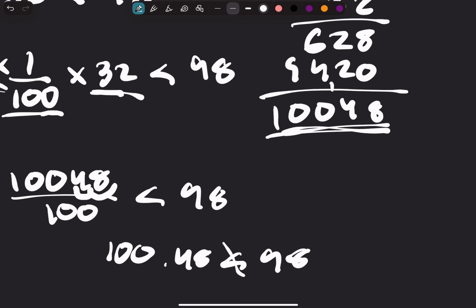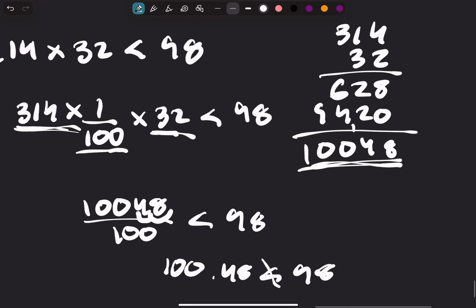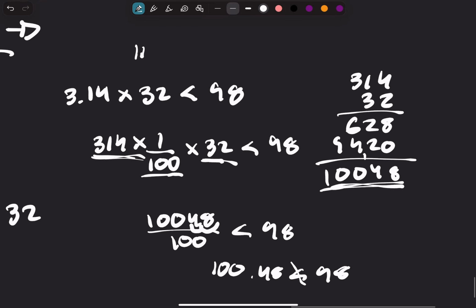So if we go back, we know that pi is roughly equal to 3.14, right? And we've tried 32 pi, but 32 pi is too big.